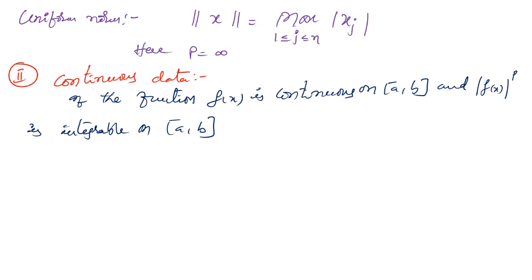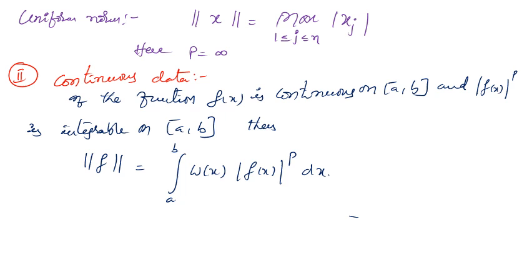That means no data points are given, the function is given, and the function is continuous. Then the first norm is norm f equal to integration a to b w of x mod f of x power p dx, this whole power 1 by p, with p greater than or equal to 1.